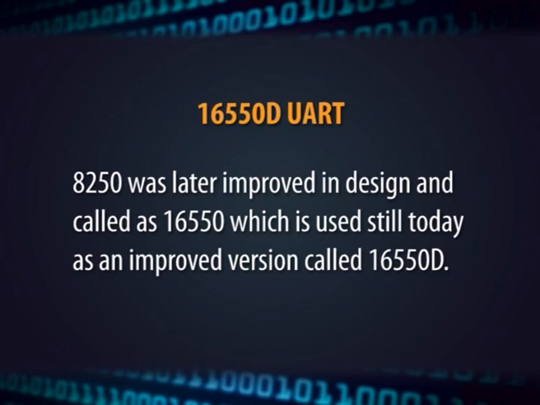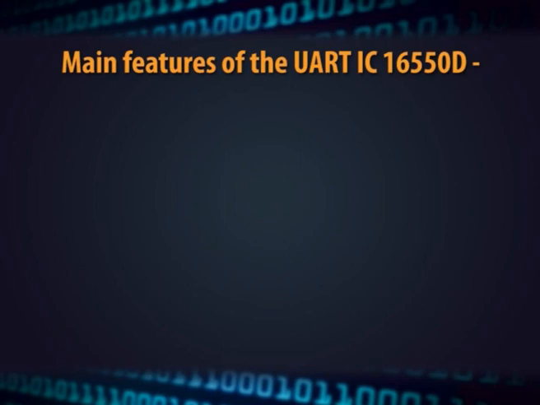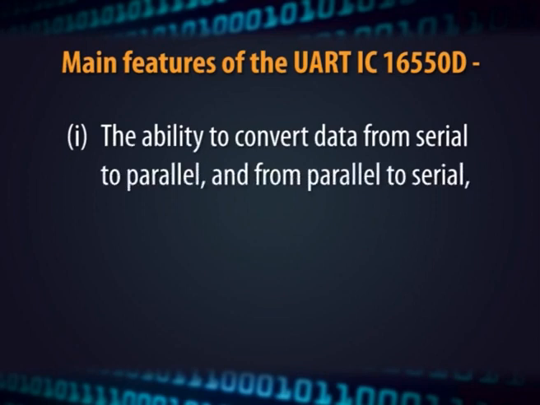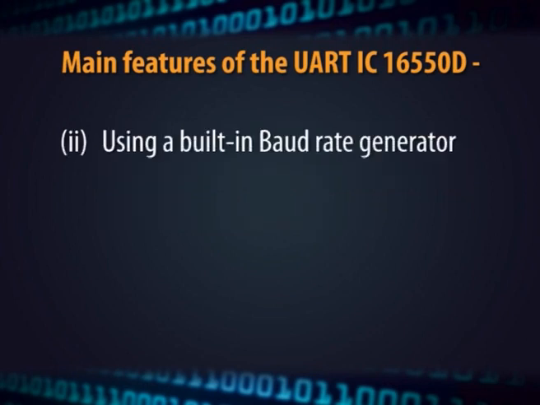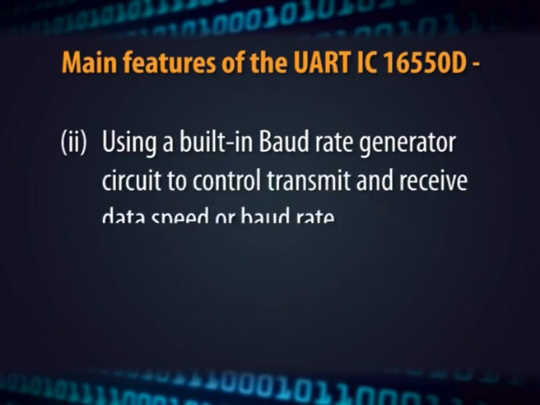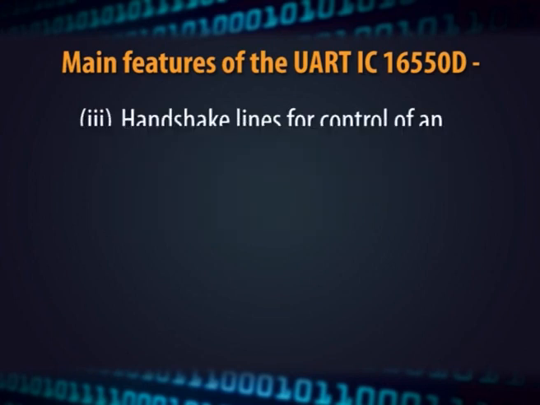16550D. Main features of the UART IC 16550D are: 1. The ability to convert data from serial to parallel and from parallel to serial using internal shift registers. 2. A built-in baud rate generator circuit to control transmit and receive speed, or baud rate. 3.